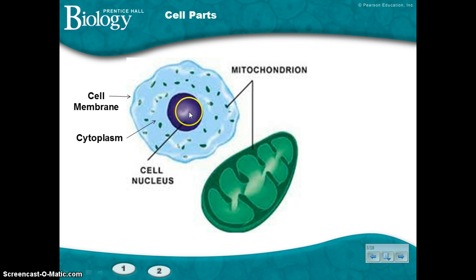The nucleus is the control center in the middle. The organelle that we want to talk about today is the mitochondria. So you can see that they're just scattered around the cell. An organelle is just a word that refers to a smaller part of the cell that has a specific function.